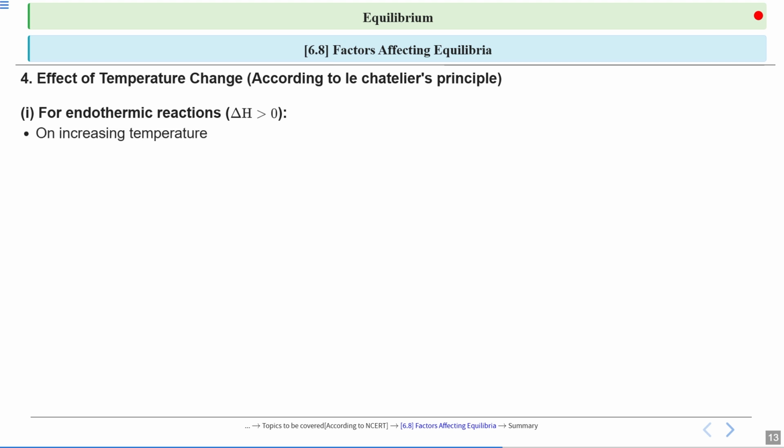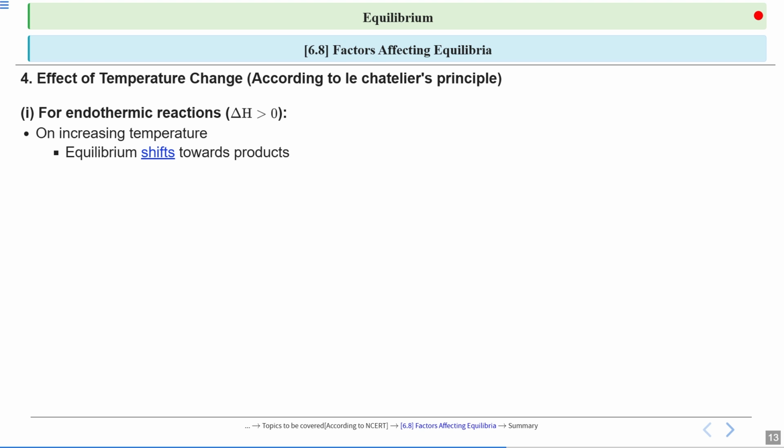Let's see the same thing in terms of Le Chatelier's principle. Suppose we take an endothermic reaction and increase the temperature. To counteract this increased temperature, the system shifts towards product. Why is it shifting towards product?